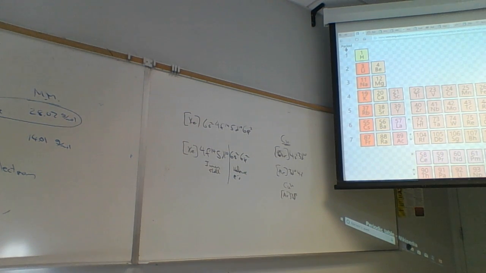It's because the energy spacing is so small. There are going to be more exceptions as you go down. And so you might not always get it correct. Chromium is an exception. Molybdenum, yes. Tungsten, yes.